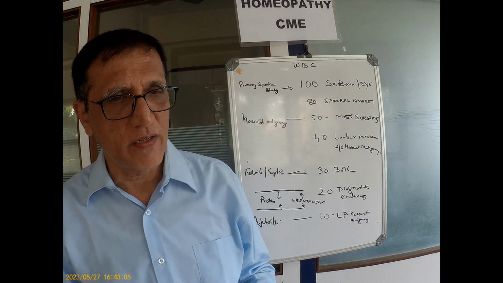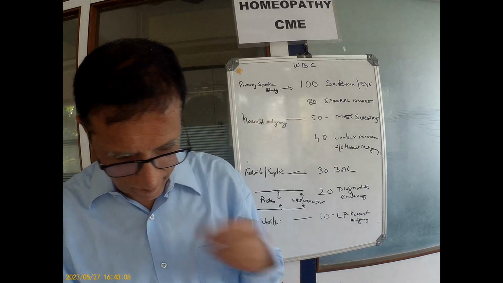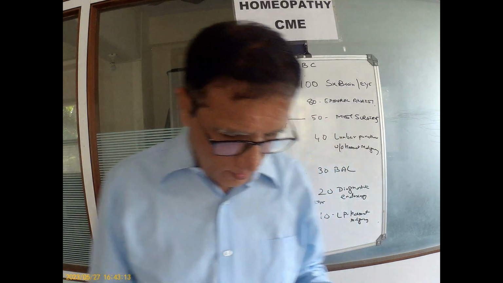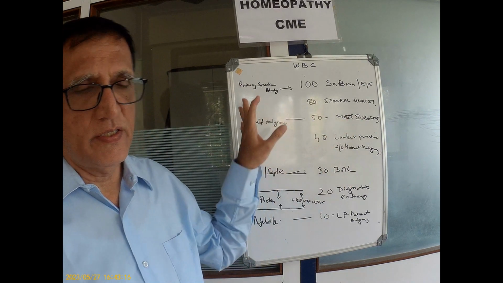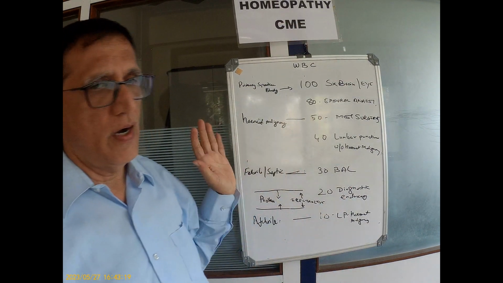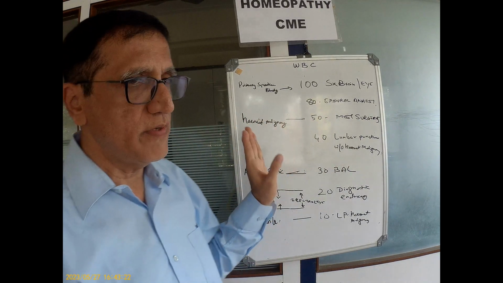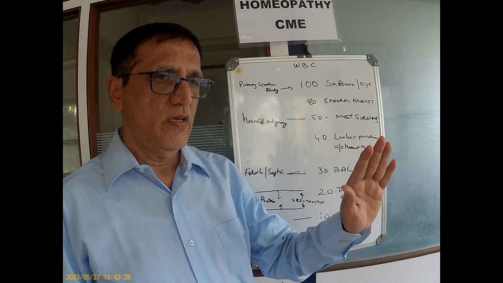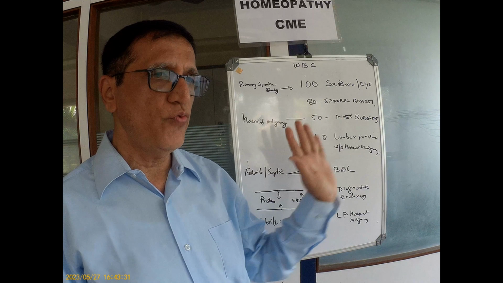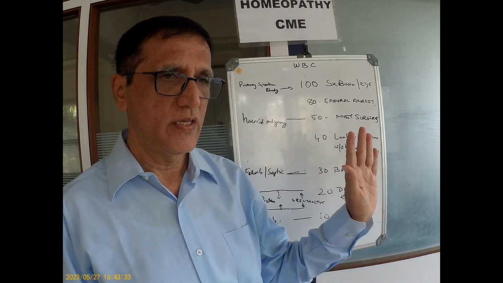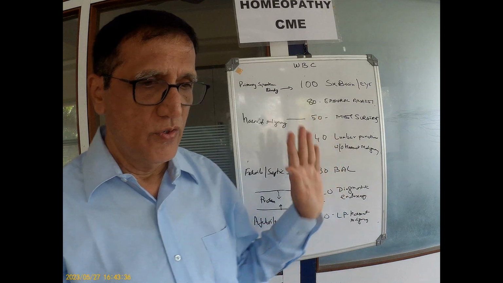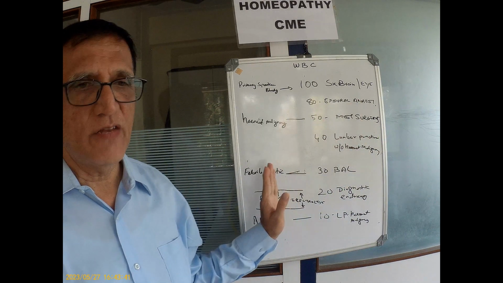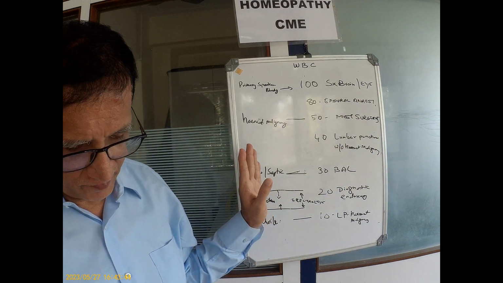Now, last part, thrombocytopenia. Platelets normal count is between 1,50,000 to 4,50,000, that is 1.5 to 4.5. Anything less than 1.5 is thrombocytopenia.